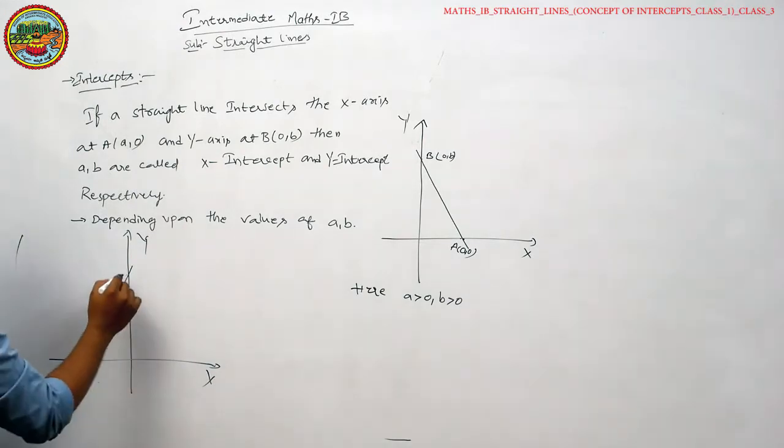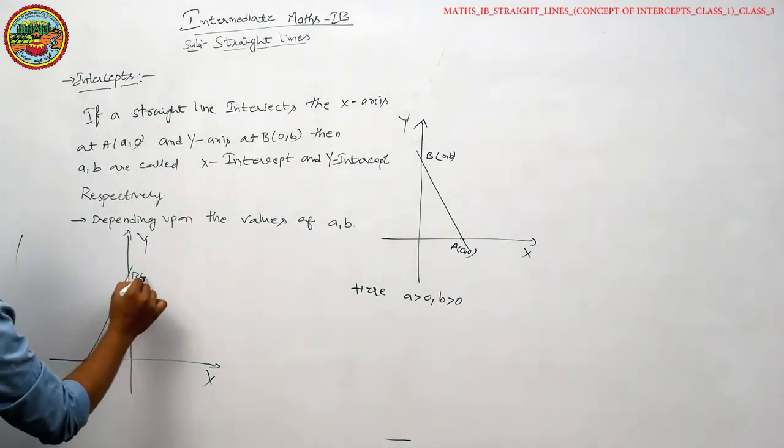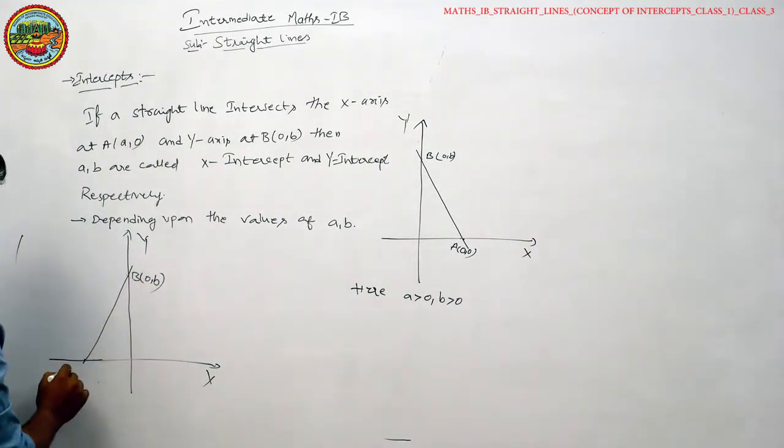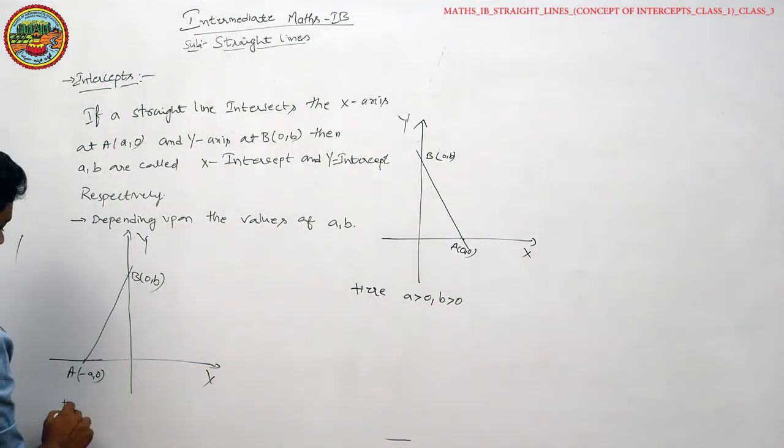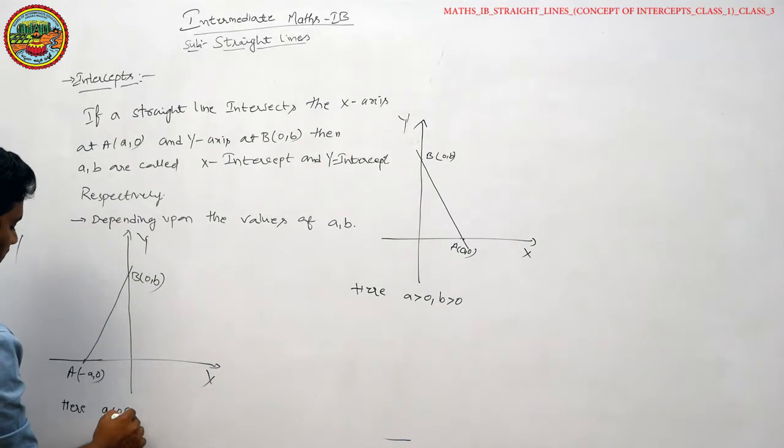Here is the B point, 0 comma B, and here is the A point. The A value is negative, therefore minus A comma 0. So here A is less than 0 and B is greater than 0.